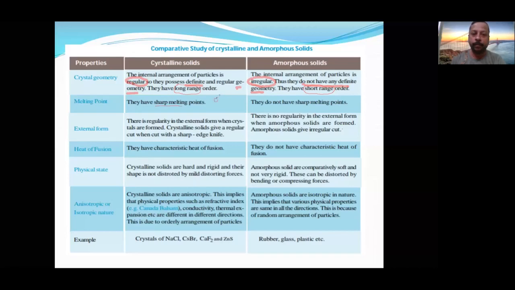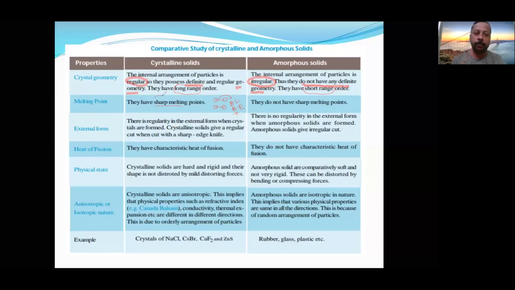Here the distance between two consecutive particles is the same everywhere. Once the distance is the same, what can we say? Bond length will be the same. Once bond length is the same, bond energy will automatically be the same. So bond energy is the same, that means the melting temperature will also be the same.